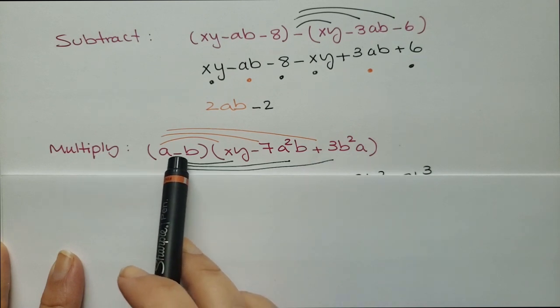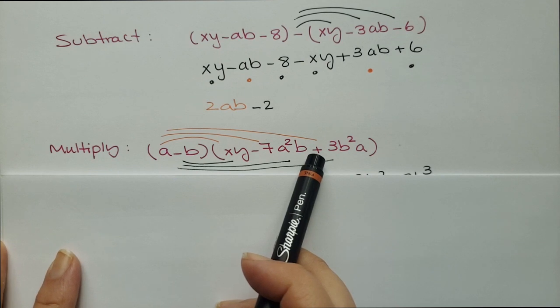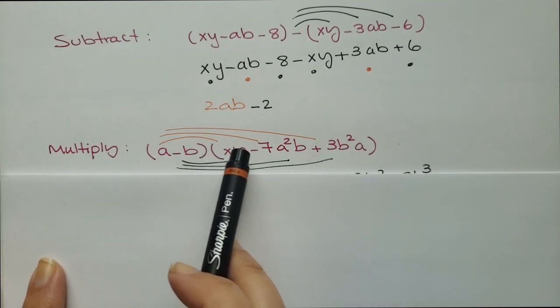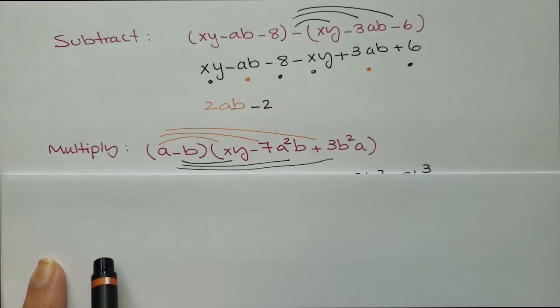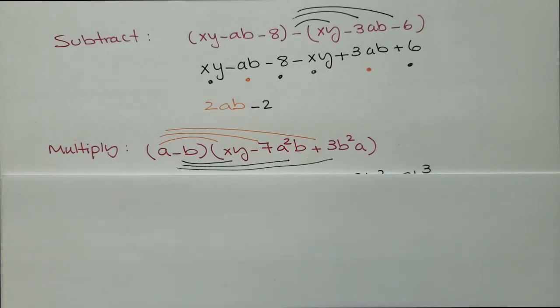So here you have 2 terms, and in the second bracket you have 3 terms. So you should be expecting 2 times 3, 6 terms in the very first step before simplification, which could be reduced in number after simplification.